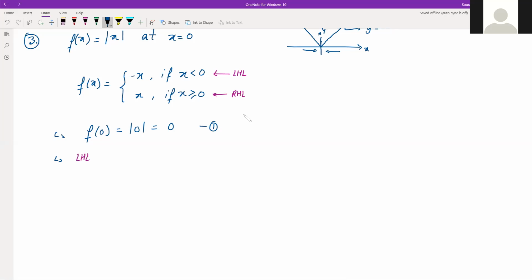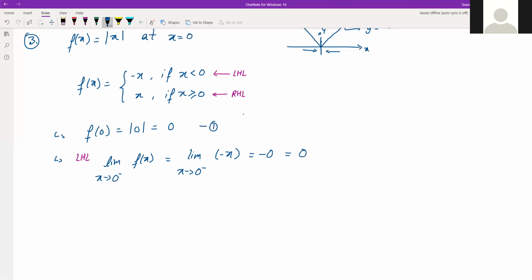That will be limit x tends to 0 from the negative side of the function f(x). The function at the negative side is minus x, and that will be equal to minus 0, which is 0.